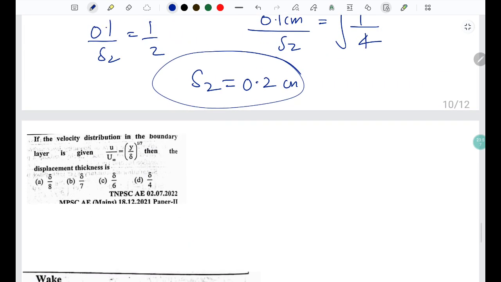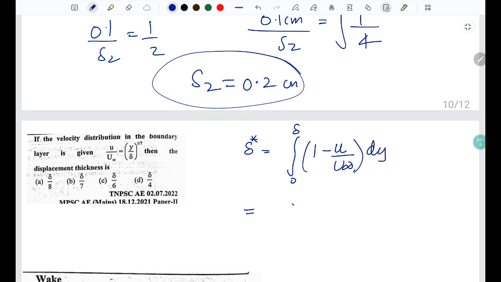Then comes the velocity distribution question, where this is given. We are asked the displacement thickness. We know that displacement thickness is represented by delta star as integration 0 to delta of 1 minus u by u infinity dy.